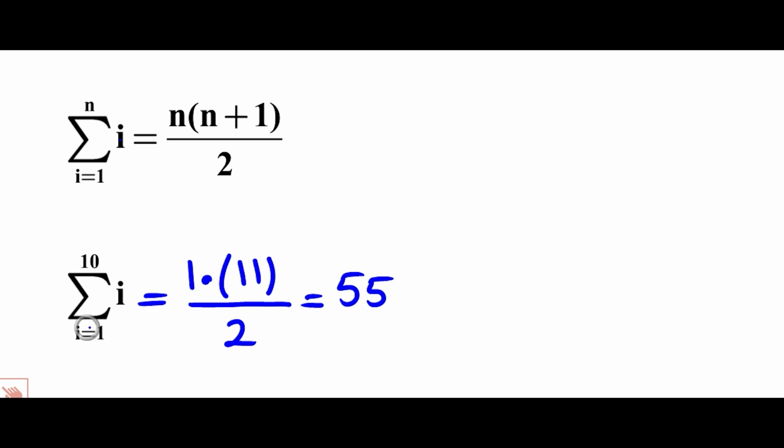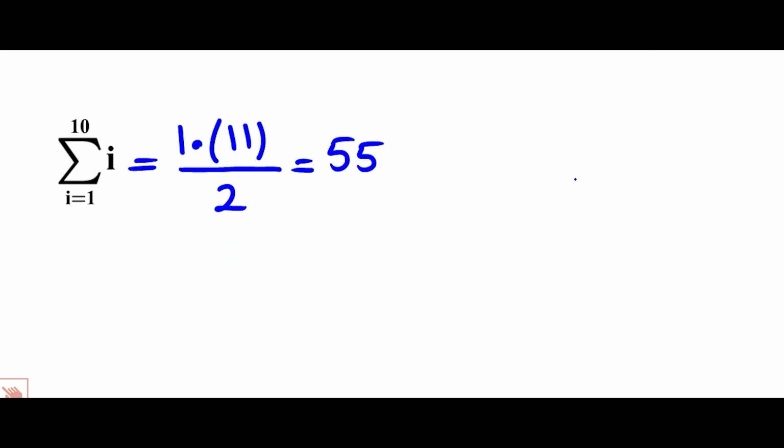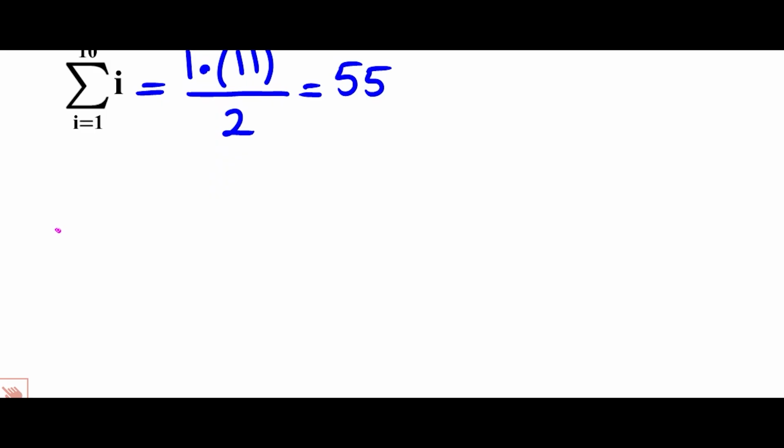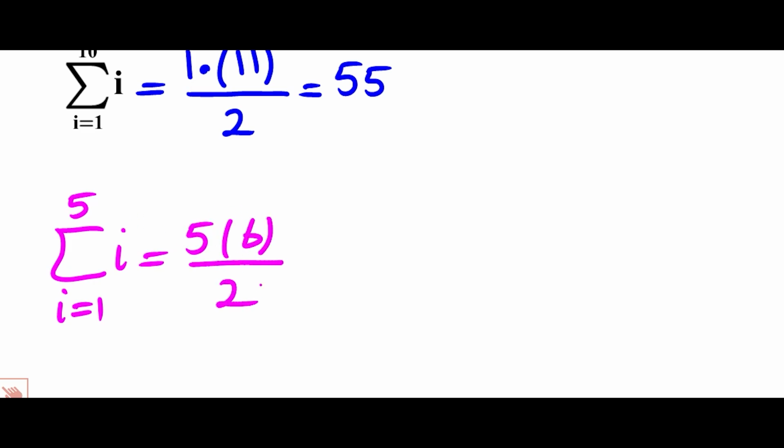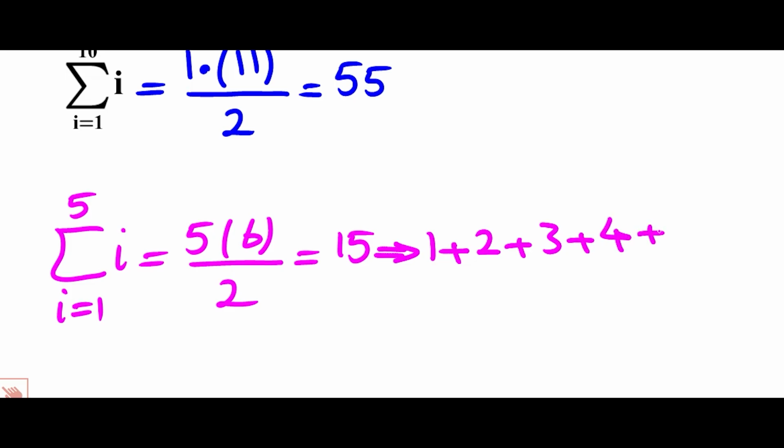The sum of i from i equals 1 to 10, we have 1 plus 2 plus 3 up to 10 equals 10 times 11 over 2 equals 55, right? Or the sum of i from i equals 1 to 5 equals 5 times (5 plus 1, which is 6) over 2, we have 15. So 1 plus 2 plus 3 plus 4 plus 5 is 15.